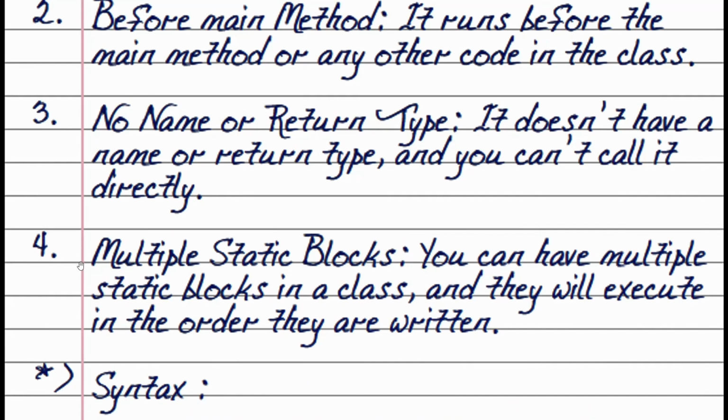Next point is multiple static blocks. That means you can have multiple static blocks in a class, and they will execute in the order they are written. To access a method from the main method, there is no need to create any object.